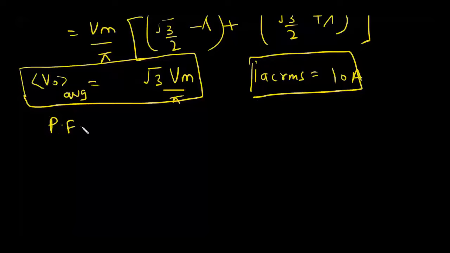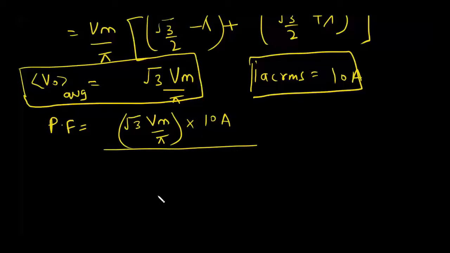So power factor is equal to V naught average, that is root 3 Vm by pi, into I naught average, that is 10 ampere, divided by Vrms, that is 230 volt, into Irms, that is 10 ampere.